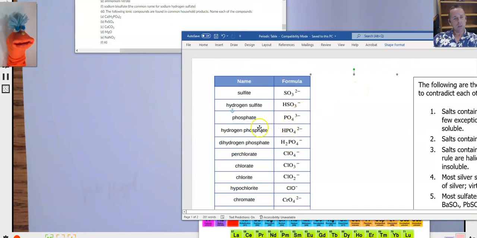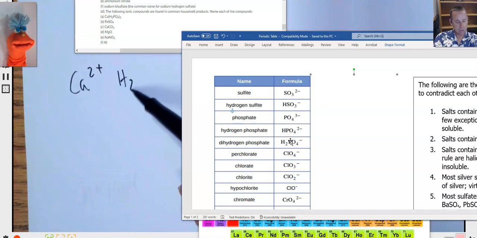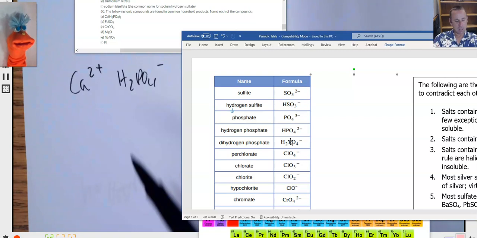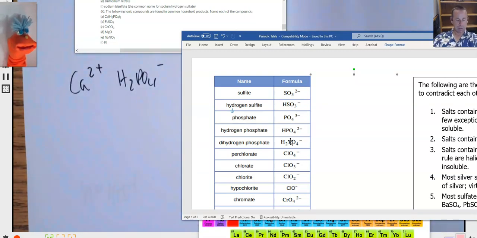H2PO4 is our dihydrogen phosphate ion. So calcium, Ca is a 2 plus. H2PO4 is a single minus. Calcium dihydrogen phosphate, right? Yeah, okay, sounds good.